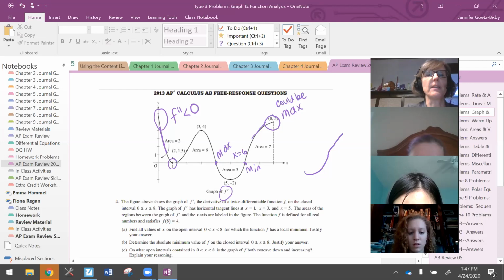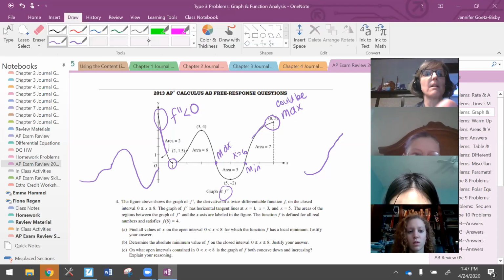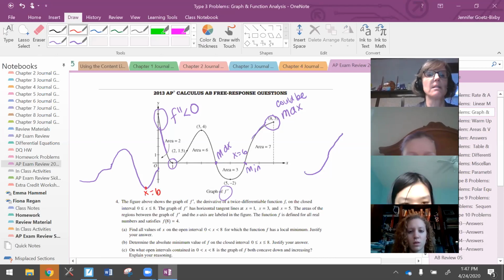So I'm kind of wondering if it kind of sort of looks like that, where this is x equals 6.